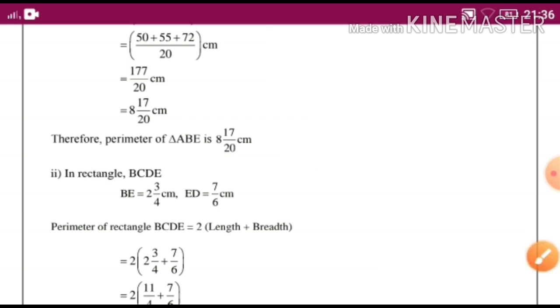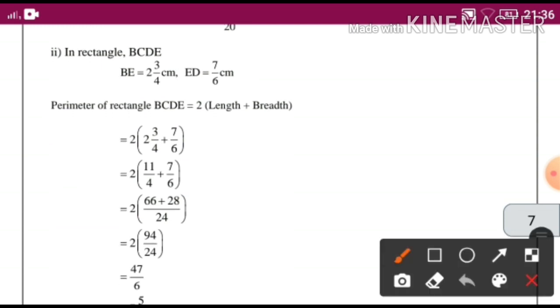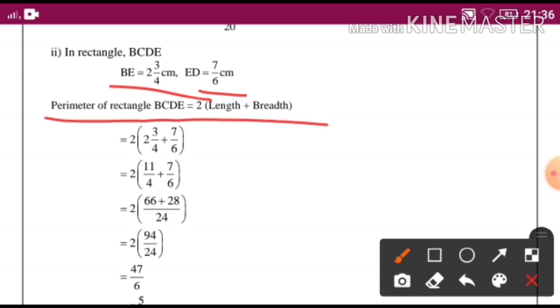BC is equal to 2 3 upon 4 centimeters, AD is equal to 1 1 upon 6 centimeters. So the perimeter of rectangle BCDE is equal to 2 into (length plus breadth). So 2 into (2 3 upon 4 plus 1 1 upon 6). This is in mixed fractions, so let's change them into improper fractions. Then we get 2 into (11 upon 4 plus 7 upon 6).